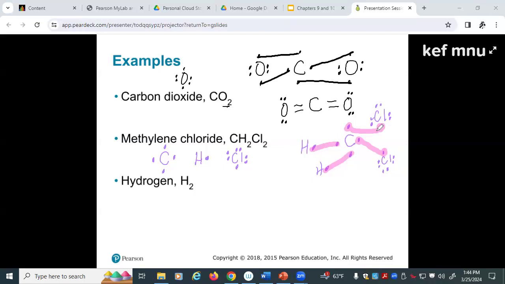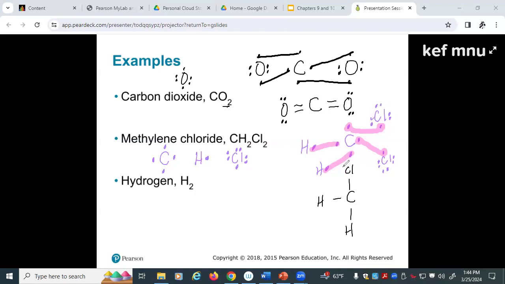The only thing I want to do now is just redraw it to kind of clean it up a little bit so it looks a little bit less funky. So carbon in the middle, single bond to each of those hydrogens, single bond to this chlorine.